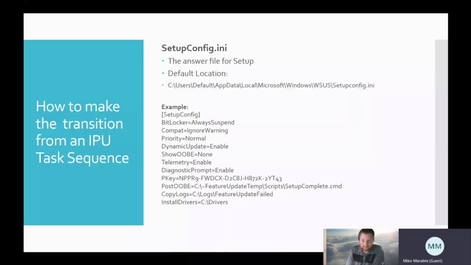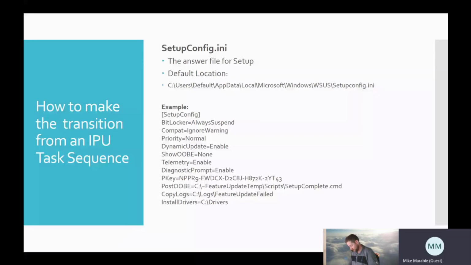So the first step, there's primarily two components with the feature updates. The first being the setup config INI file. What this does is it provides all the command line parameters for setup. And regardless of how you run setup, whether it's a feature update, whether it's being installed from an ISO, or the user dropping in a DVD, these components are built in natively to setup.